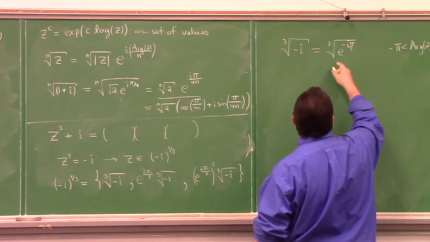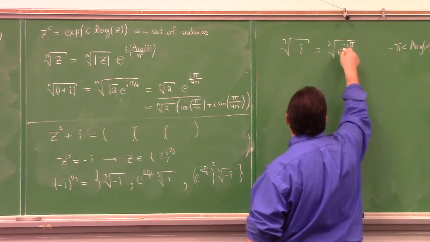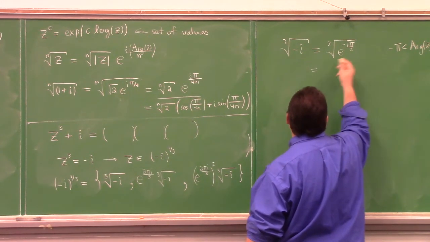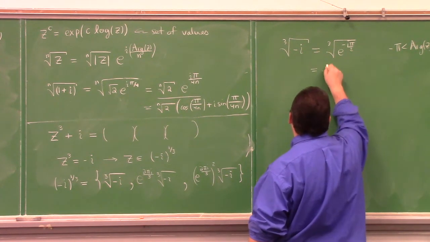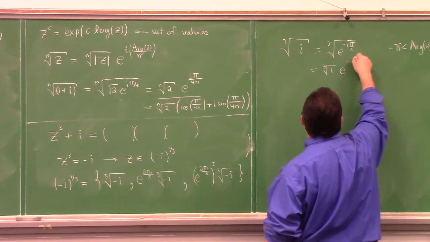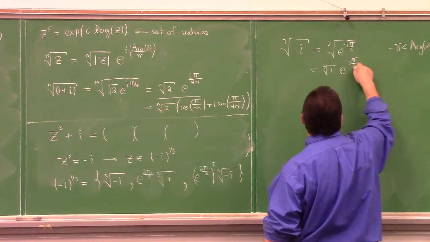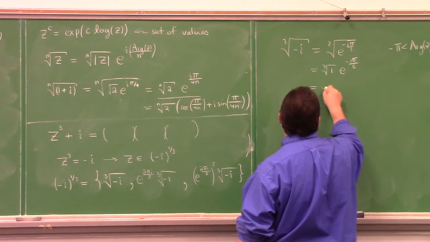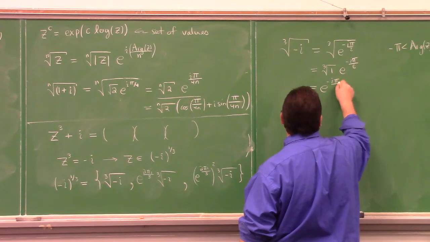So that's fine. The modulus is 1, so this gives us the cube root of 1 times e to the minus I pi over 2 times 3, so 6. This is e to the minus I pi over 6.